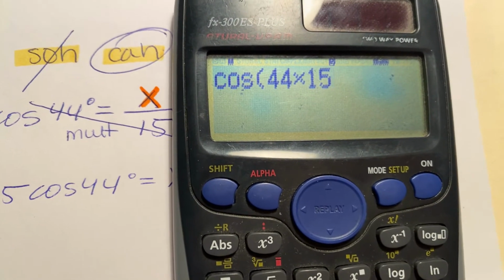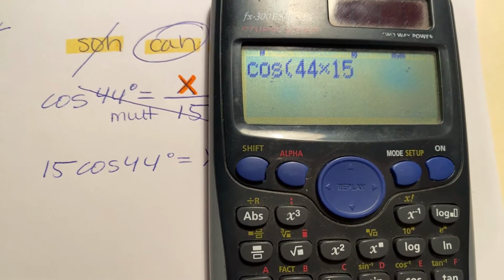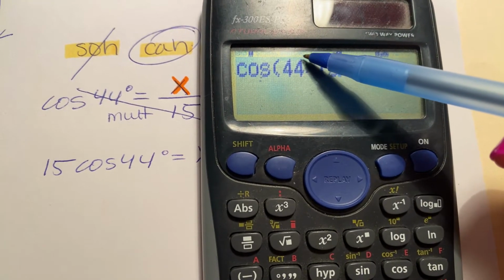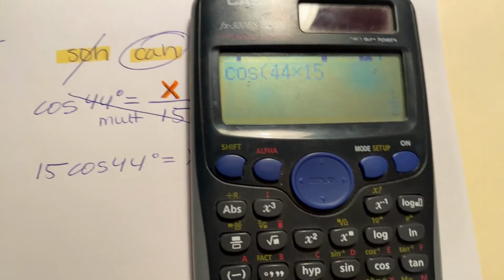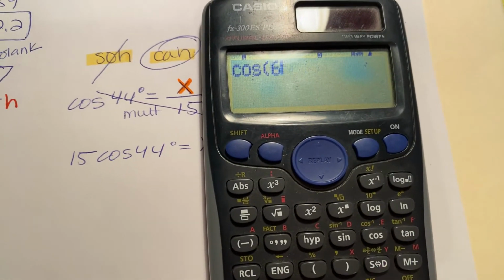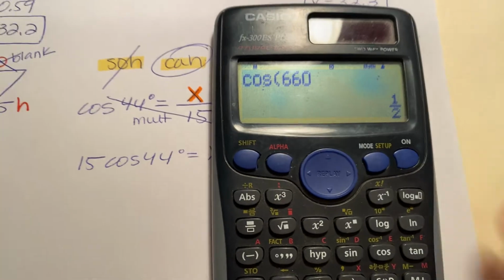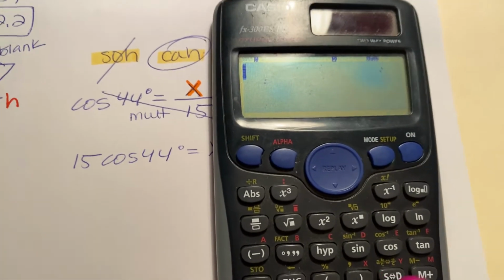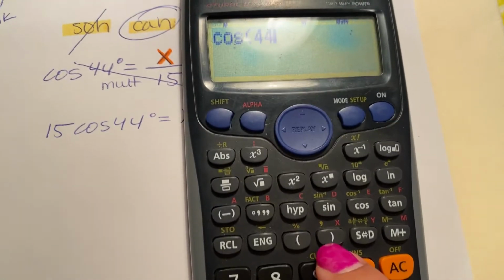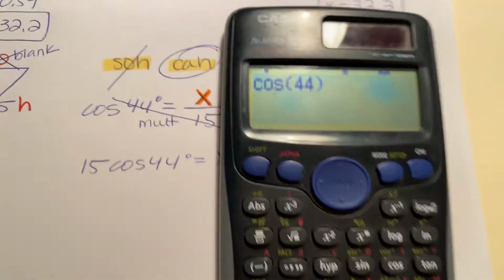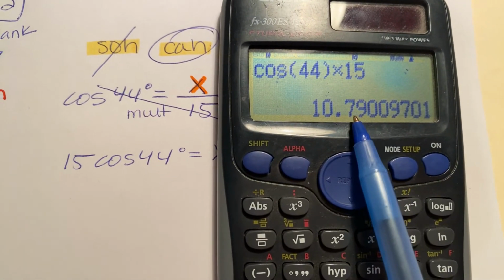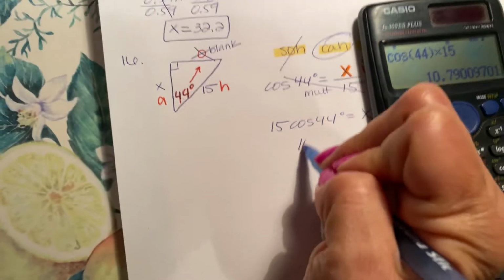It's taking the cosine of 660 degrees. See how this parenthesis isn't closed? So look at your answer, 1/2. So now let me take the cosine of 660 degrees, 1/2. That's not the right answer. If you're going to put the 15 in the back, you better close the parenthesis and then go times 15. This is your correct answer, 10.8.